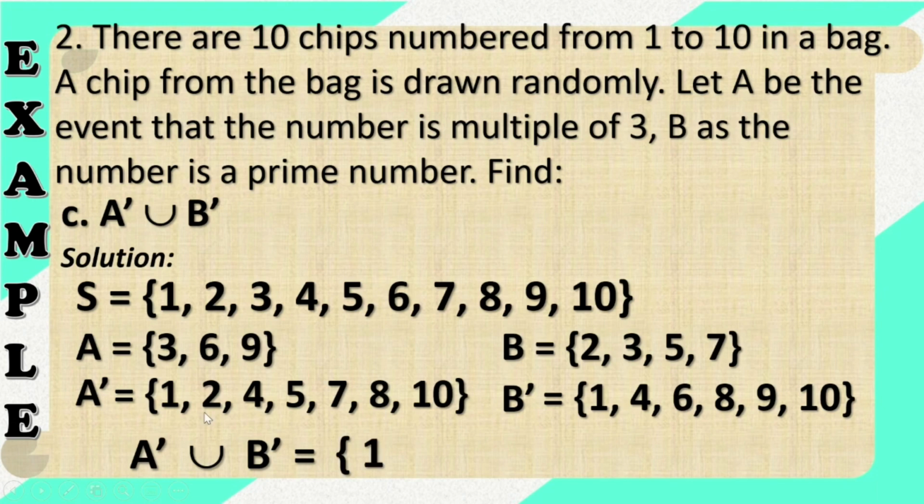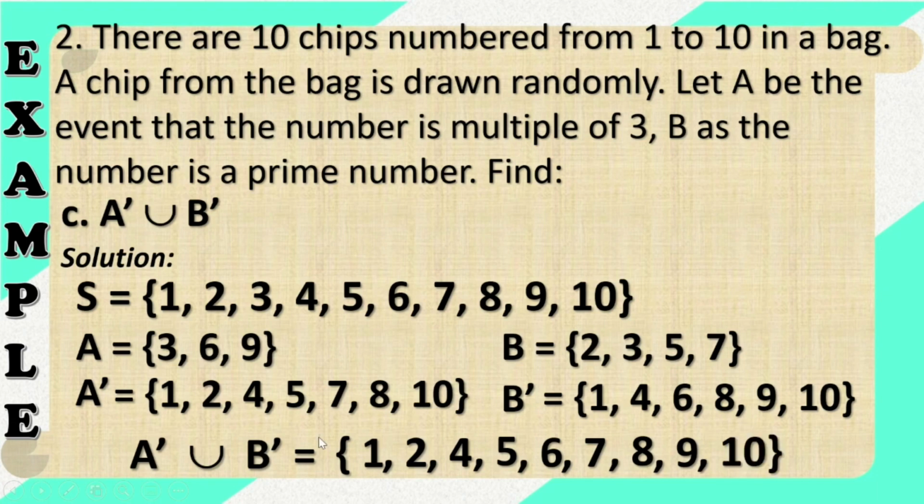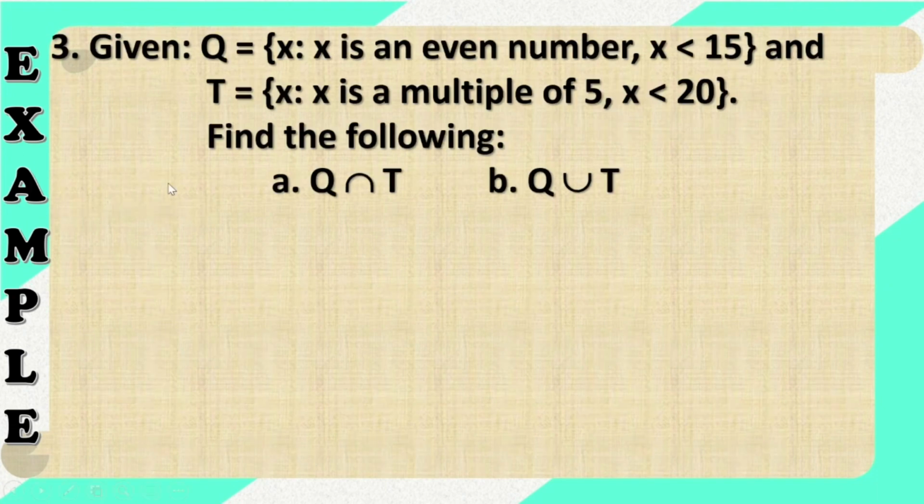So, we have 1, only once, 2, 4, 5, 6, then 7, 8, only written once, 9, and 10. So, these are the elements of A complement union B complement.